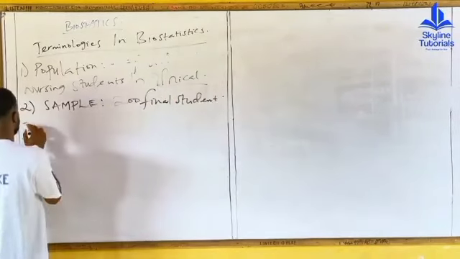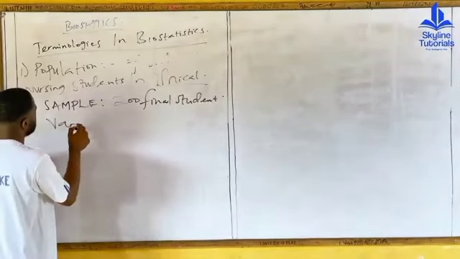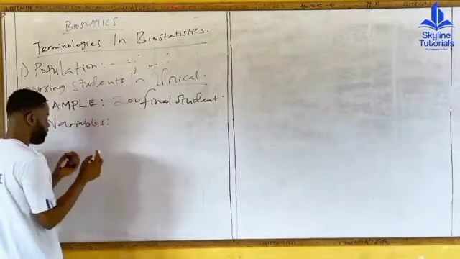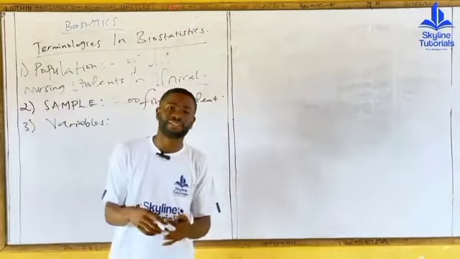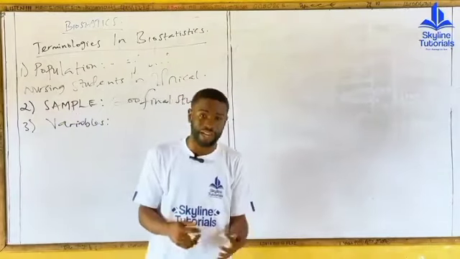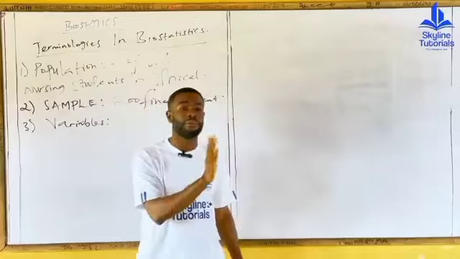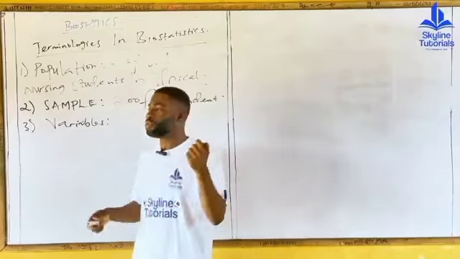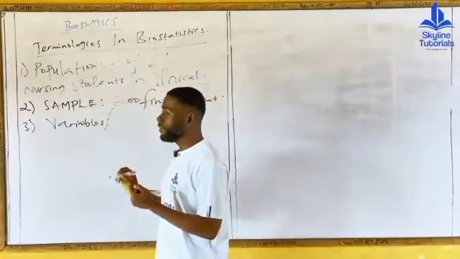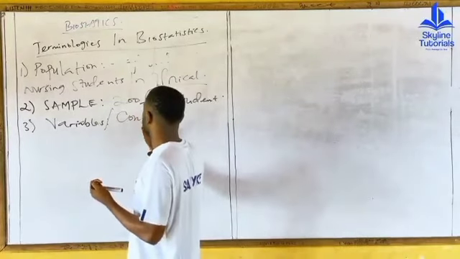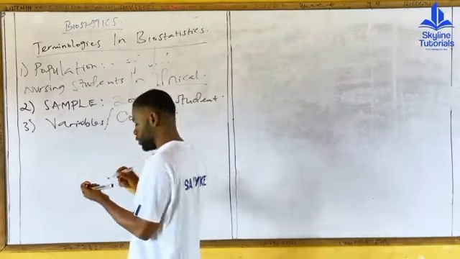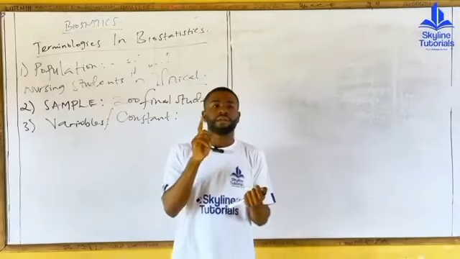The next we'll be looking at is variables. Variables, from the word varies, changes, right? So a variable is simply any feature that varies from person to person. We are going to pair variable with another terminology called constant. Yes, it should go hand in hand.